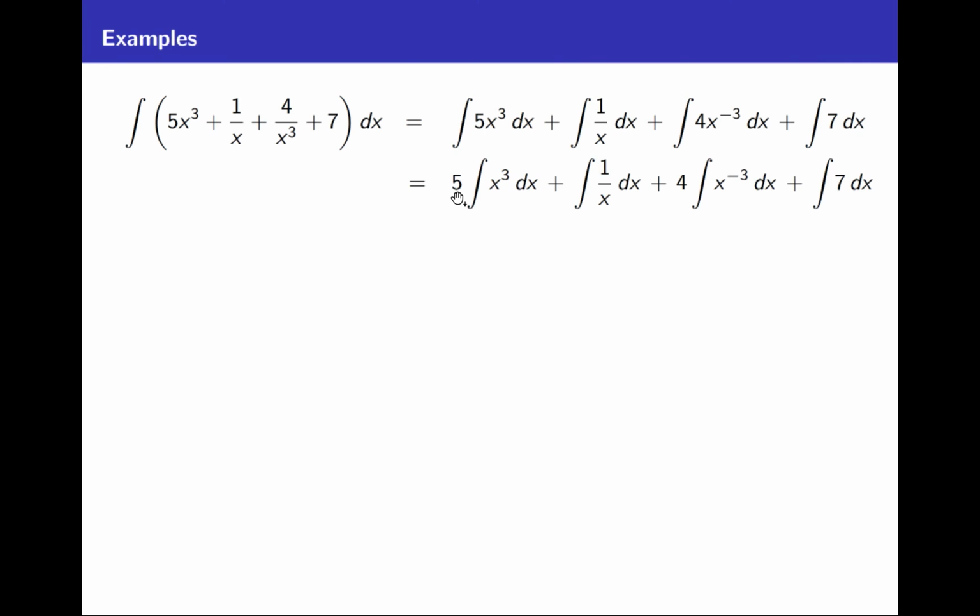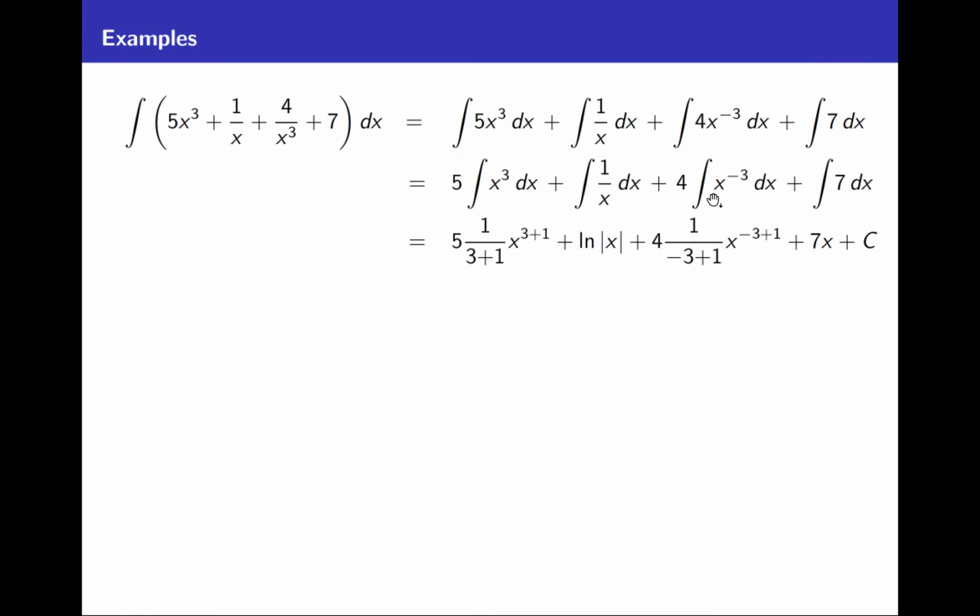We have this first integral, and it's the integral of a power, so we use the power rule for integration for that one, and we get 5 times 1 over 3 plus 1, x to the power of 3 plus 1. And then we have the integral of 1 over x dx, and we know that's ln of the absolute value of x.